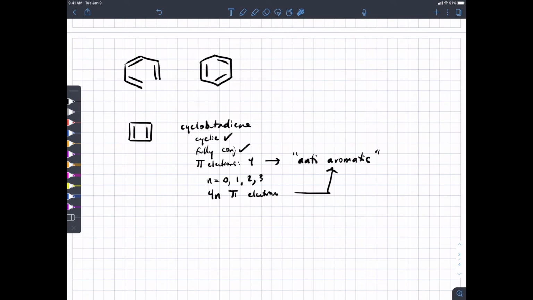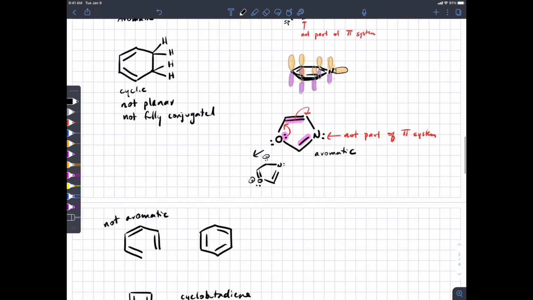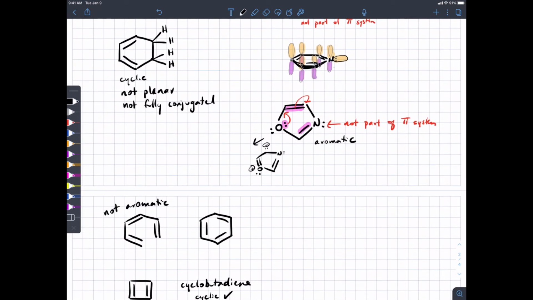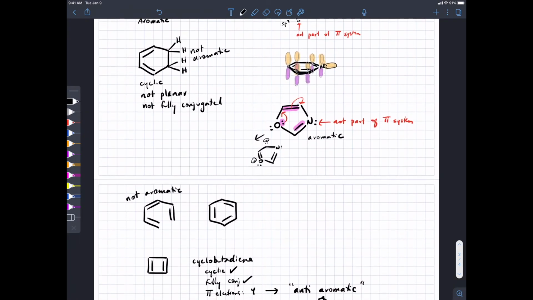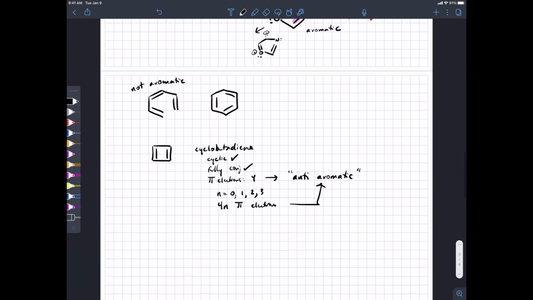So there's 3 categories a molecule can fall into: aromatic, special stability; anti-aromatic, special instability; and just plain old boring not aromatic, which is if a molecule is simply not cyclic or not fully conjugated, then we don't have to worry about whether it has the right number of pi electrons.